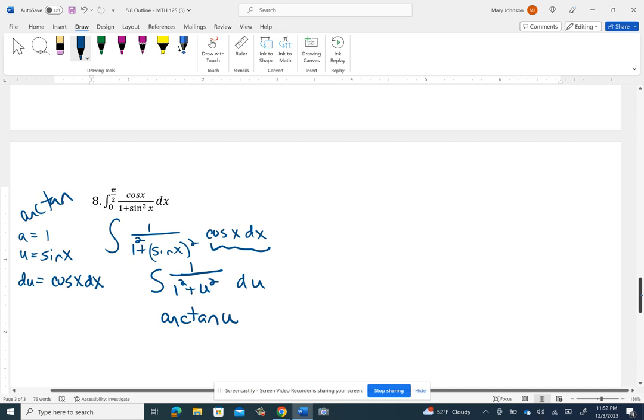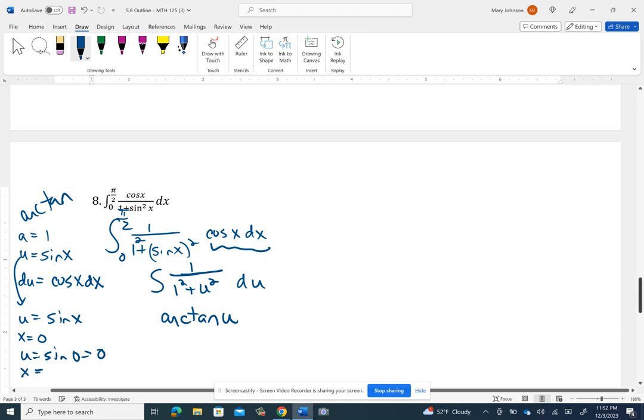So it'll be arctan of u, but I'm not going to be evaluating. If I'm going to leave it with a u, then the limits of integration are not from 0 to pi over 2 like they are here and here. Once I change it to a u, what I could do is use this formula right here to find out what happens when x equals 0. If x equals 0, u would be sine of 0, which is still 0.